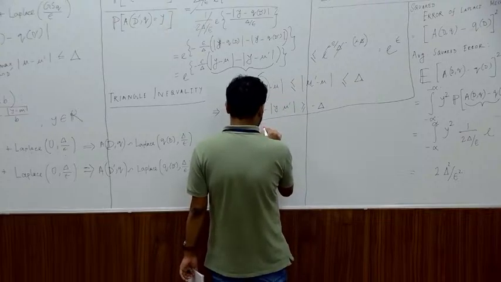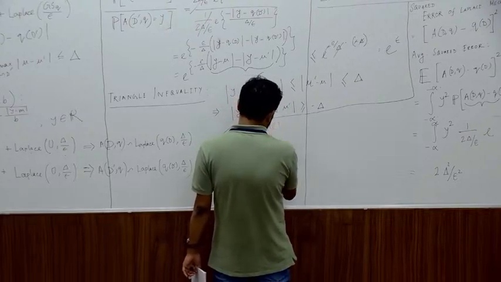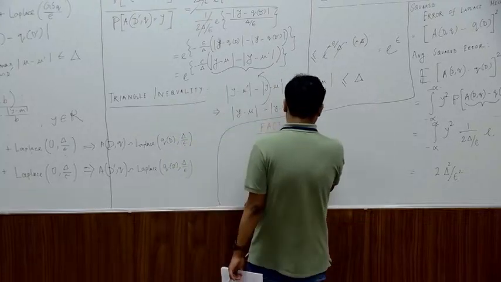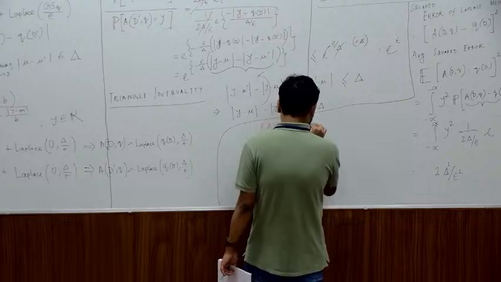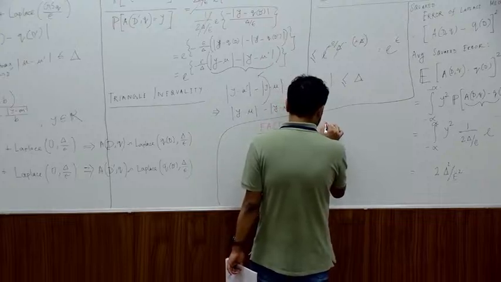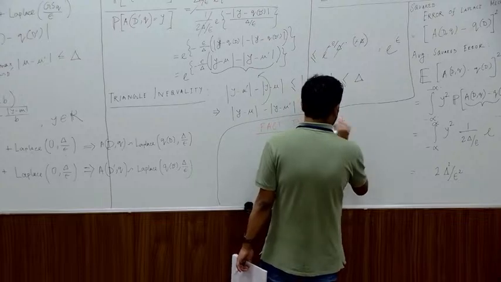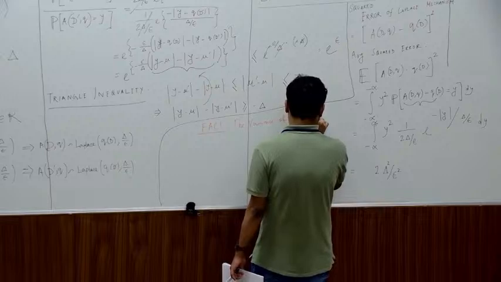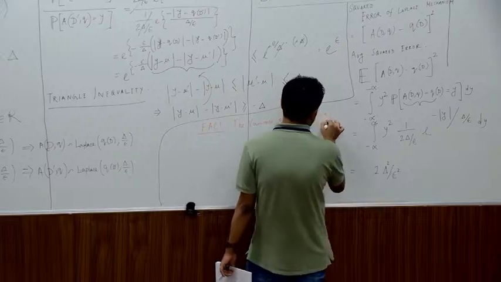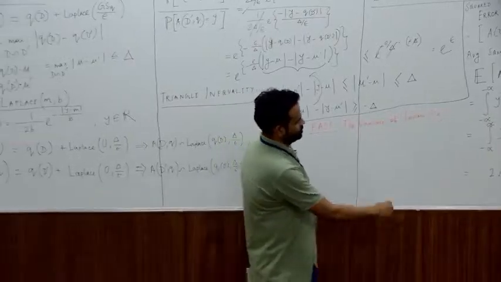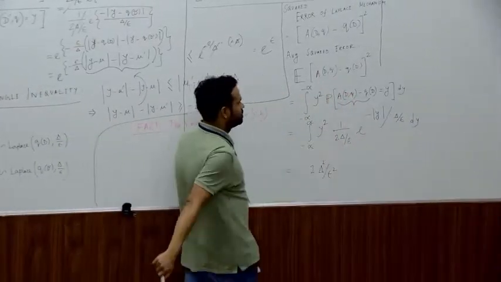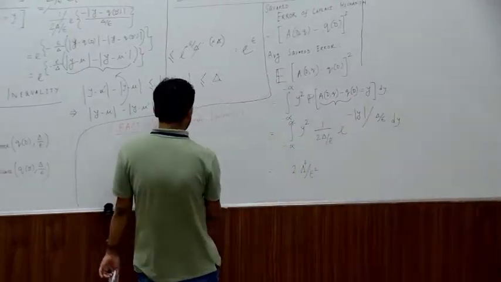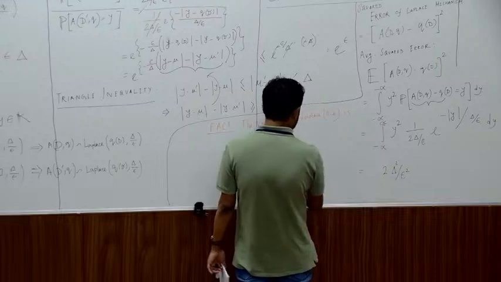Fact: the variance of a Laplace distribution Laplace(0, b), with mean 0 and scale b, and this distribution has scale delta by epsilon, is 2 into b square.